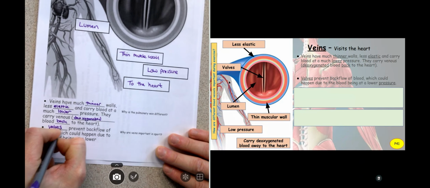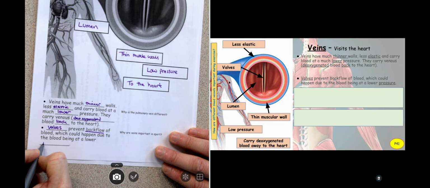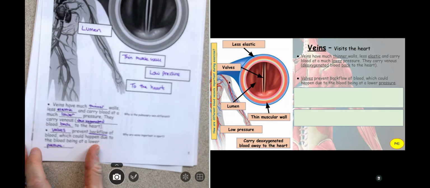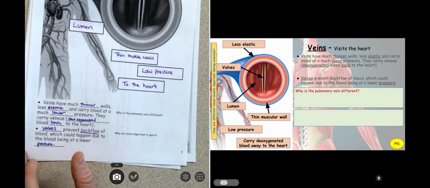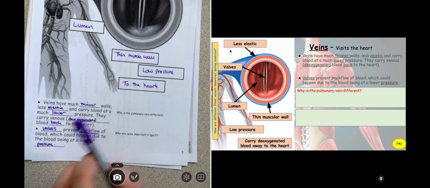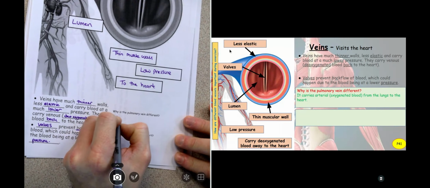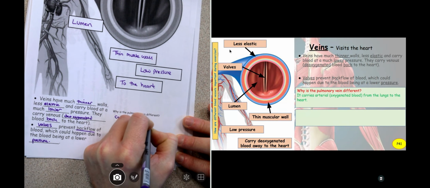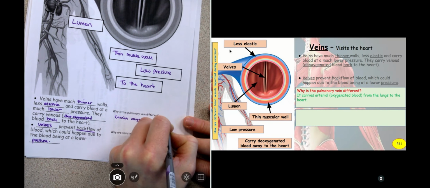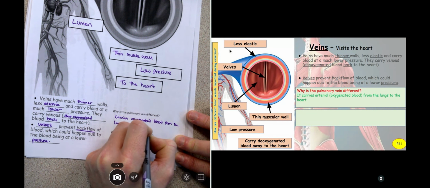Valves, which is the key characteristic, prevent backflow of blood, which could happen due to blood being at a lower pressure. And then again, the pulmonary vein is different because it carries oxygenated blood from the lungs to the heart.